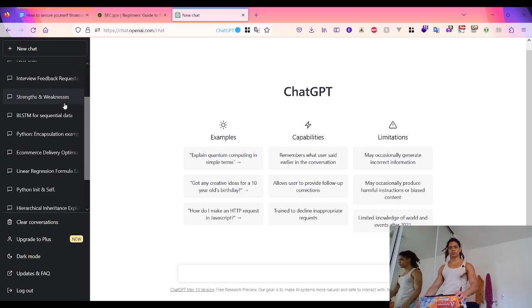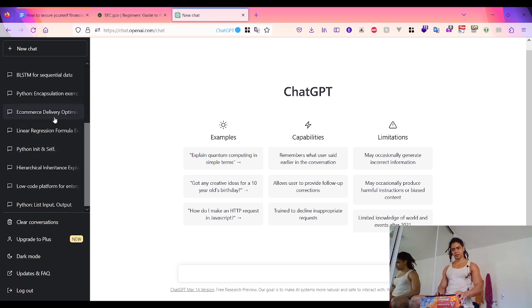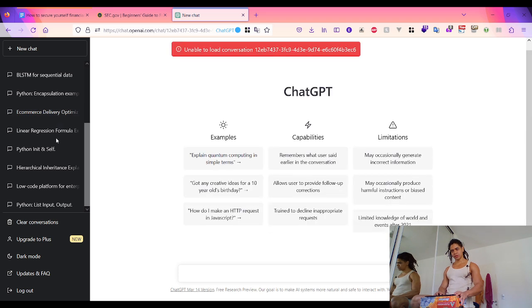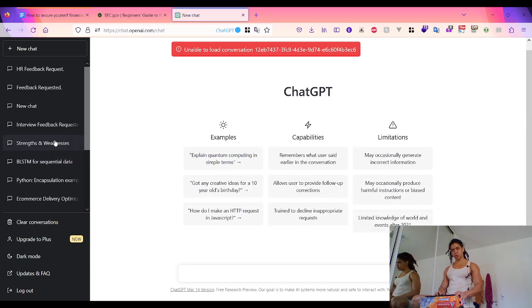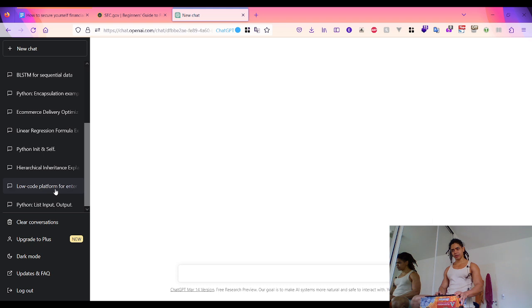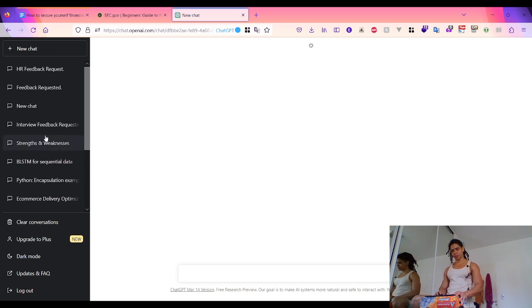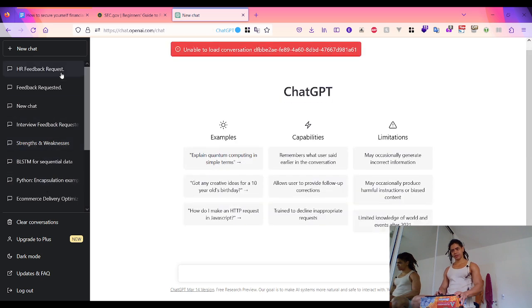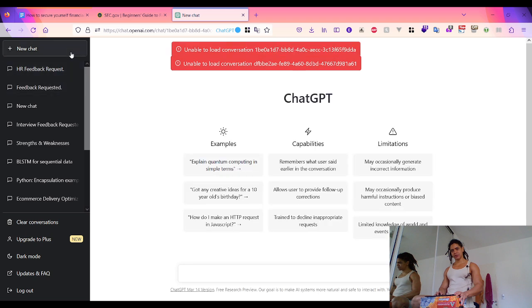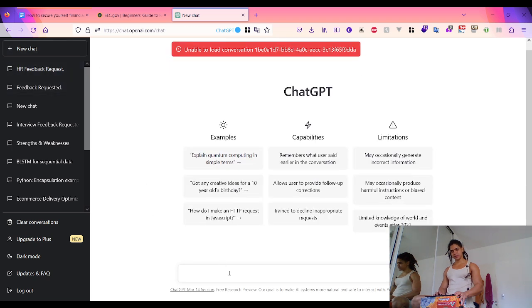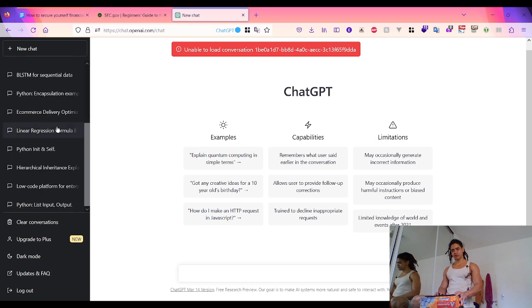Strengths and weaknesses. E-commerce delivery optimization. Ooh, lol. Okay, local platforms. It seems that someone else actually asked these questions. Python encapsulation. Exactly. It seems like someone actually made these questions.